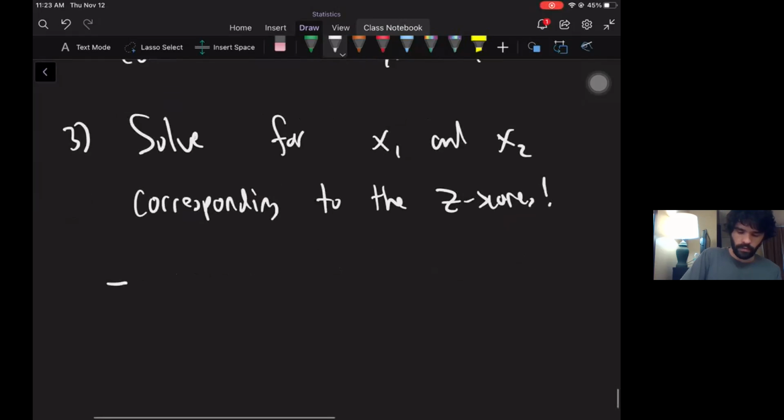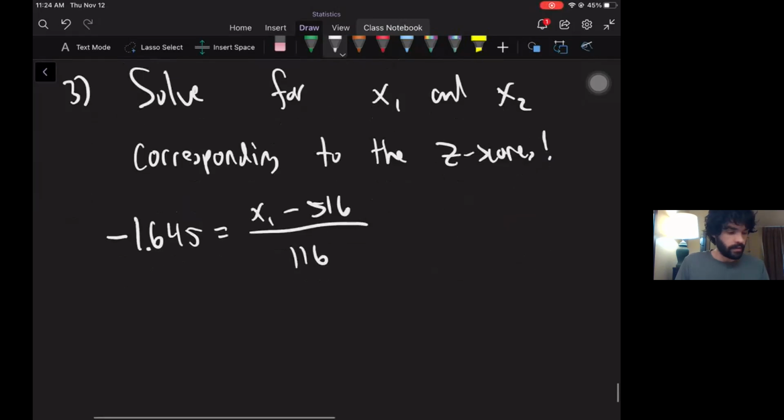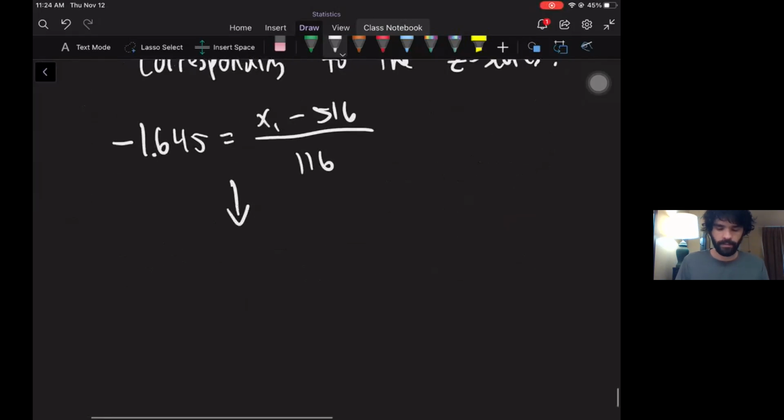So for z1, I'm still using the same exact z-score formula, but now my mean is 516 and my standard deviation is 116 for this context of this problem. And if I solve this equation by multiplying 116 over and then adding 516, I'll get 325.